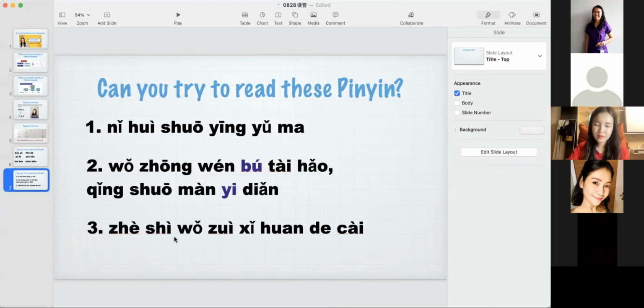这是我最喜欢的菜。Try to slowly. First, for letter E, this vowel, we pronounce like... Yes, so this combined together is 这，这是，我最喜欢的菜。Yes, perfect.